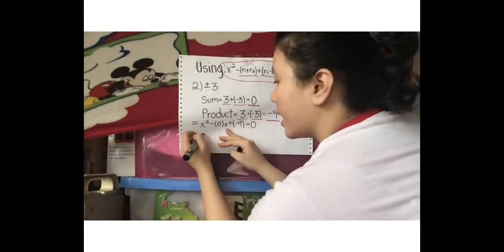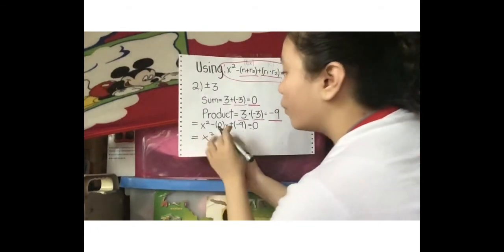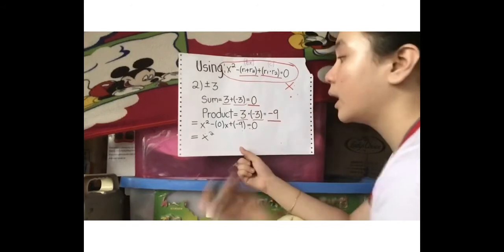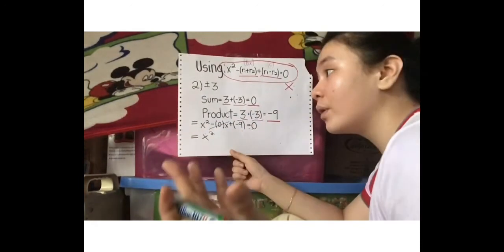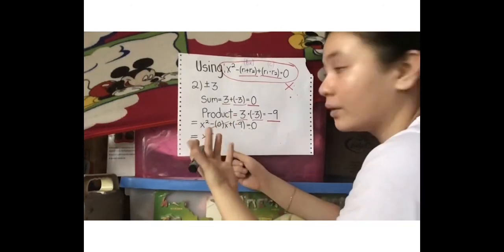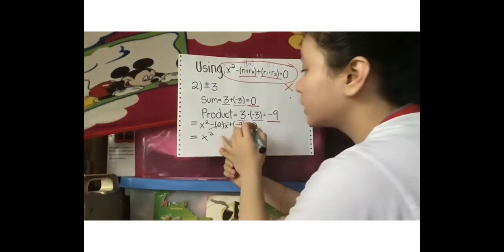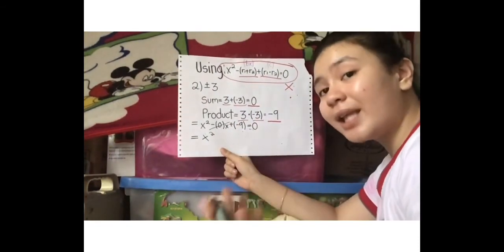So, x squared. We won't be using 0 because it doesn't even have any value. Therefore, we cancel out 0. It won't be anything anymore because it is not a value. Then plus negative 9. What did I say earlier when we have unlike signs?